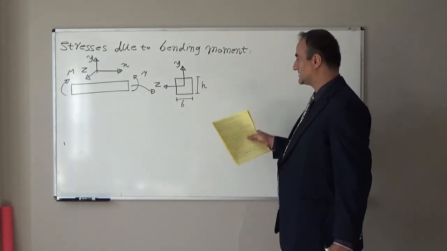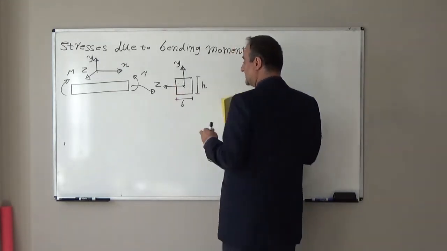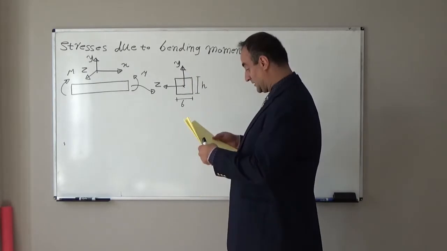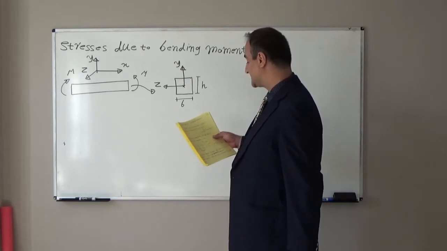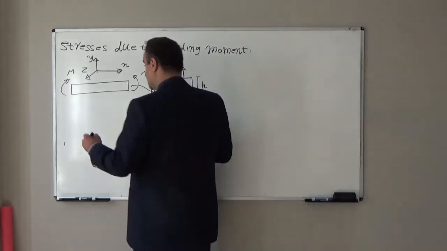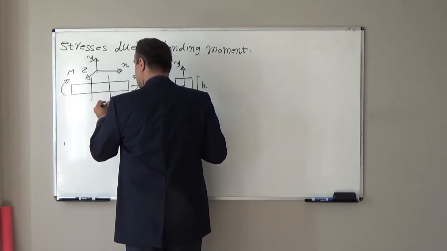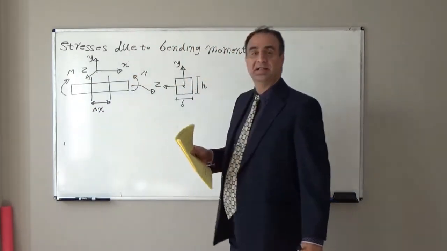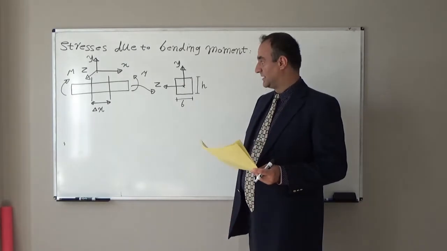So here in cross section, x-axis will be perpendicular to the board and it will be outward. Now, if we assume a small segment of the beam, the length for this segment, assume it is delta x.